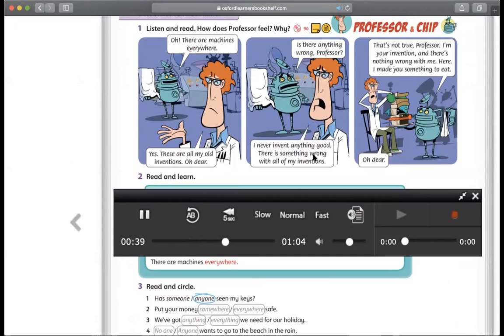There is something wrong with all of my inventions. That's not true. Professor, I'm your invention, and there's nothing wrong with me. Here, I made you something to eat. Oh dear.